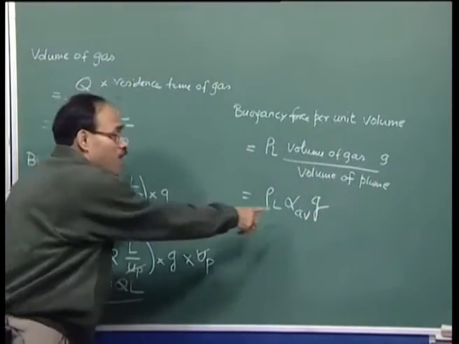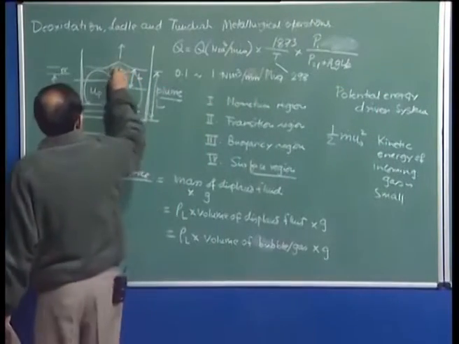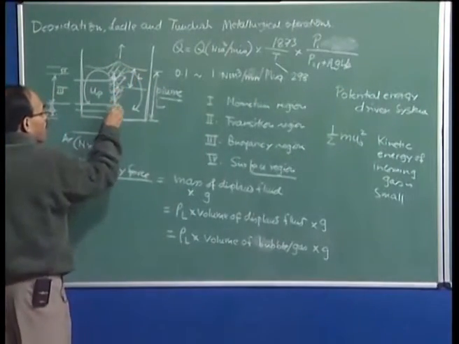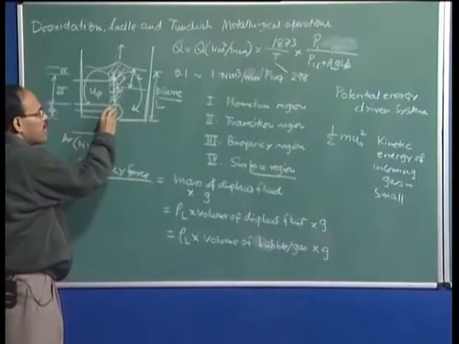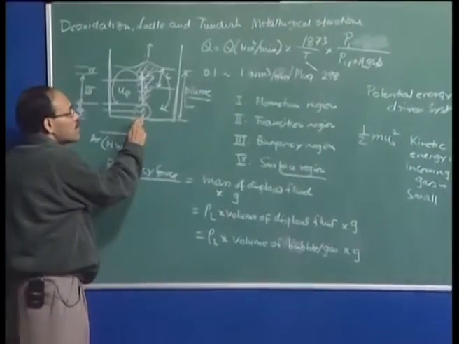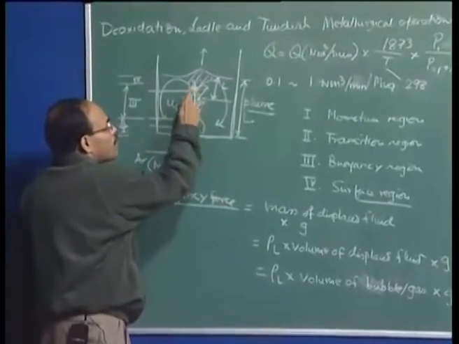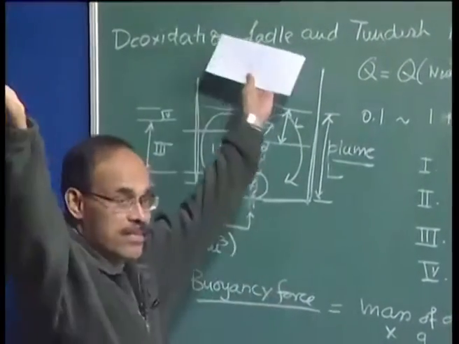in which alpha average represents the average gas fraction. In fact, we have some very high gas concentration at this particular point, maybe 80%, 90%. On the other hand, we have dispersed bubbles here, the gas volume fraction, because the plume expands.